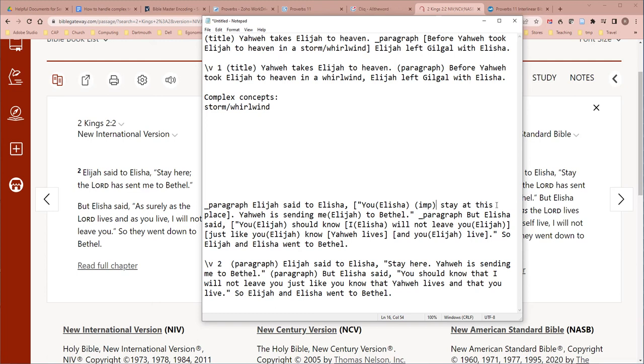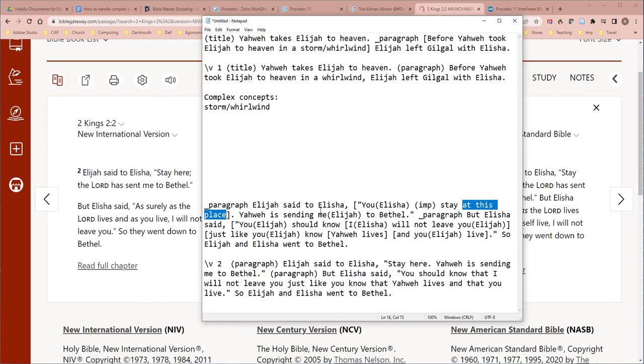Stay at this place. Now, actually, the computer would have correctly interpreted it if I had put here. But I'm going to write it out the way that the semantic representation really occurs in the computer system. It's at this place. In English, it gets generated as here.